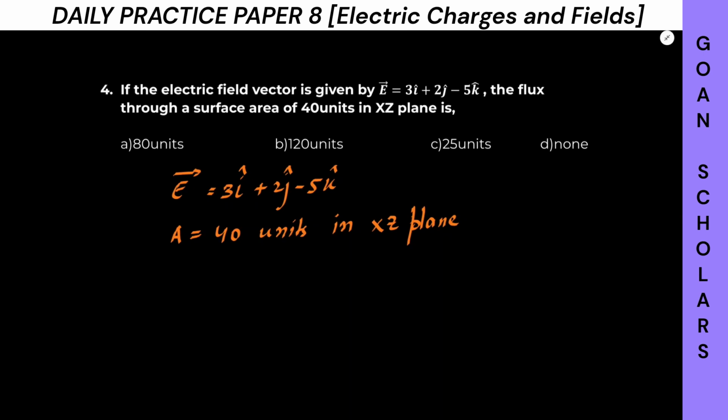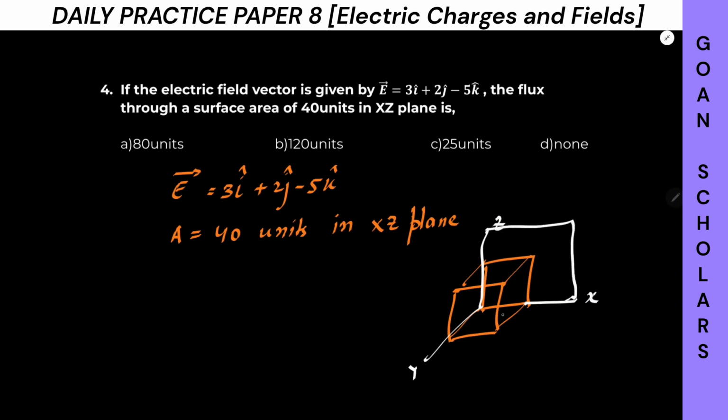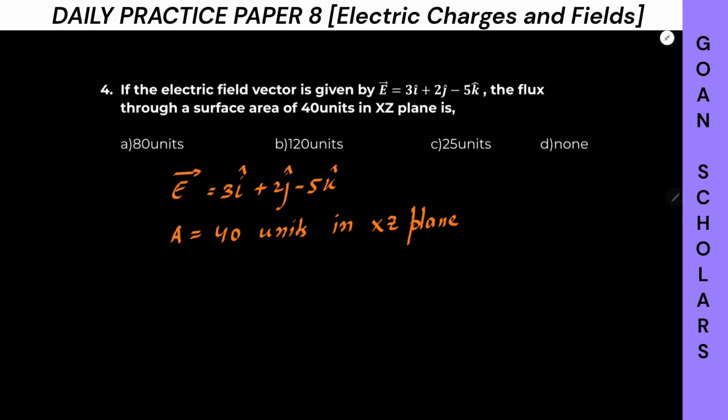If this is a room in which you are sitting right now, and this is our x-axis, this is our y-axis, and this is our z-axis, you can decide any one as x, y, z. Now if this wall is our xz plane, then which direction is perpendicular to it? Y-axis, right? So this area will have a normal in the y-axis.